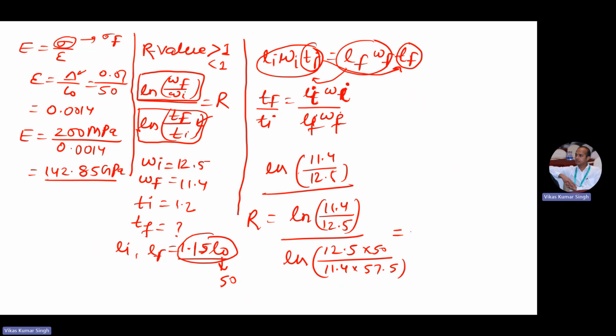So this value is going to come minus 0.092 divided by minus 0.0476.